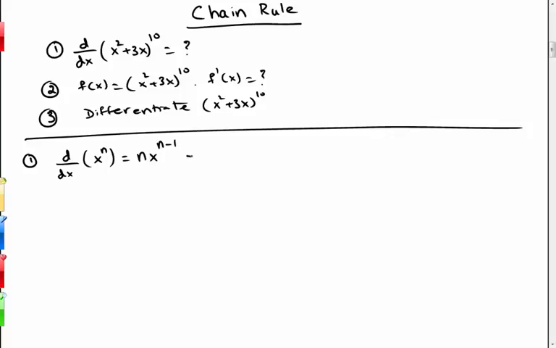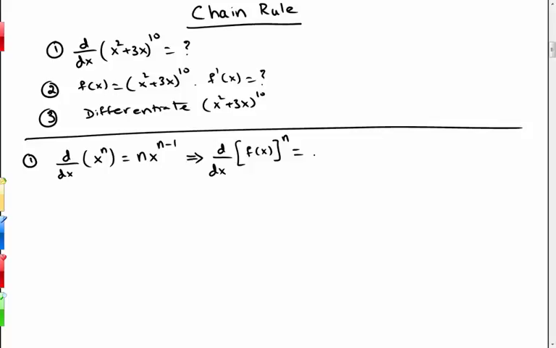Would that help me find, this implies, d/dx of [f(x)]^n?